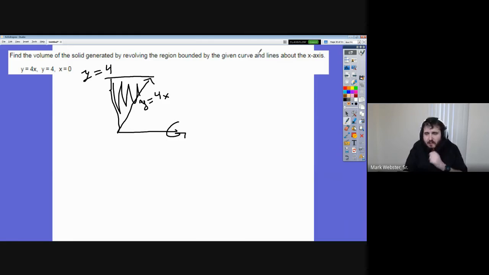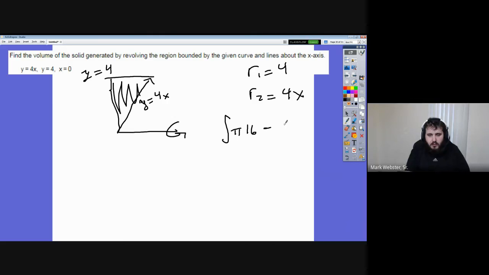So once again, find the two different radii. The big radius is 4, right? What's the small radius? It's 4x, right? And so now we're going to do this pi r squared minus this pi r squared. 16x squared, right?